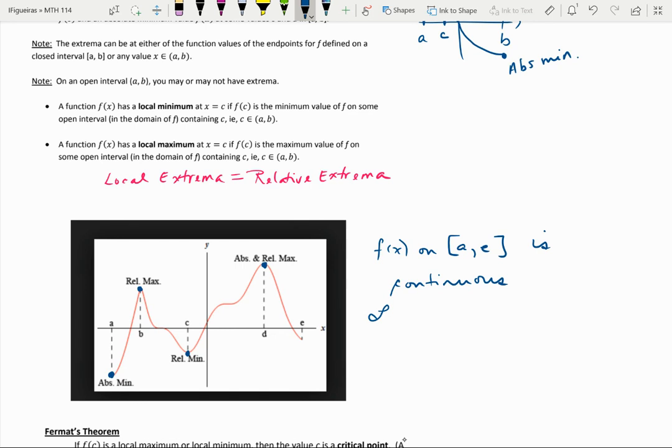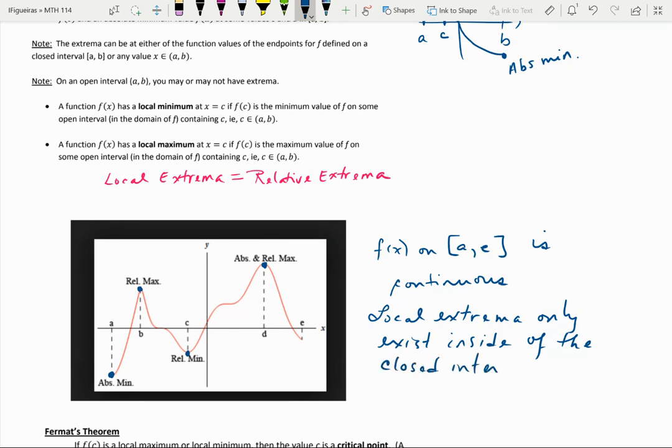So just to repeat that, local extrema, so those would be the relative extrema that we just mentioned here. Local extrema only exist inside of the closed interval of the domain, I want to say within the domain.